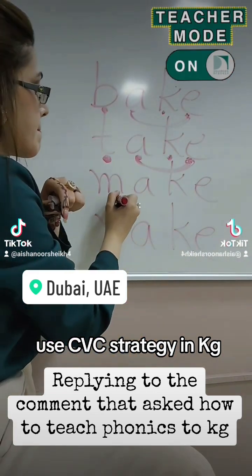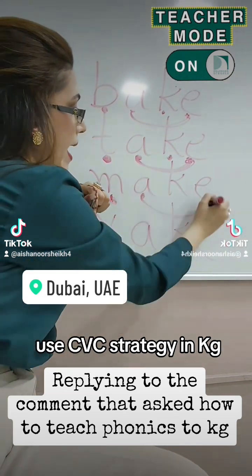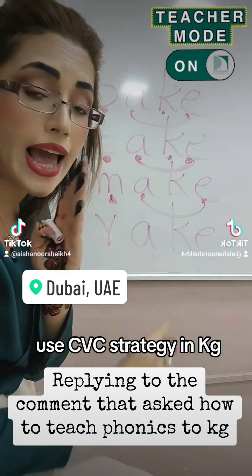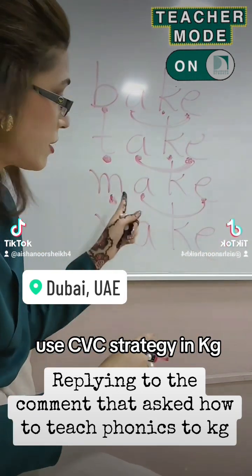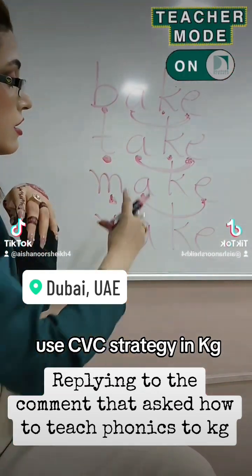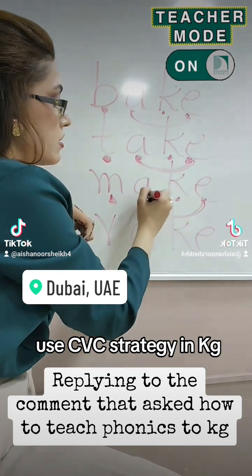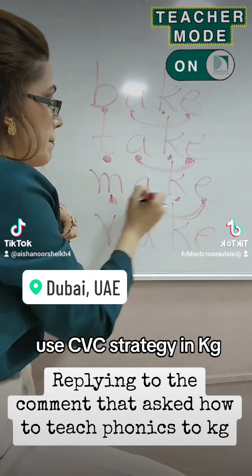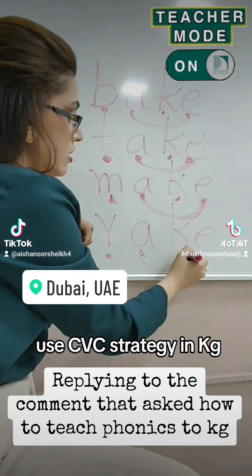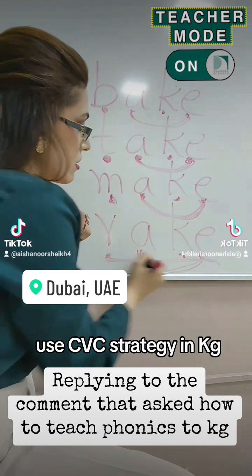Next one. The sound is A. It's not A. A is the individual letter, the individual sound of A. But we are not doing individual sounds. We are doing phonics in words. So A, R. Blend: rake.